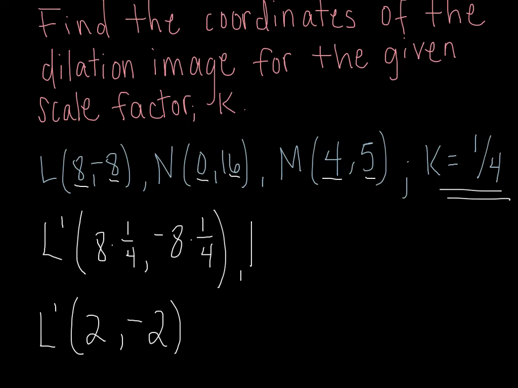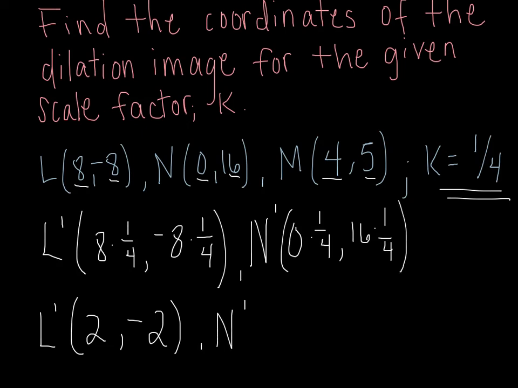Same thing for the next one, N prime. 0 times 1/4 and 16 times 1/4. Well, 0 times anything is 0, so that first one will be 0. 16 times 1/4 will be 4.